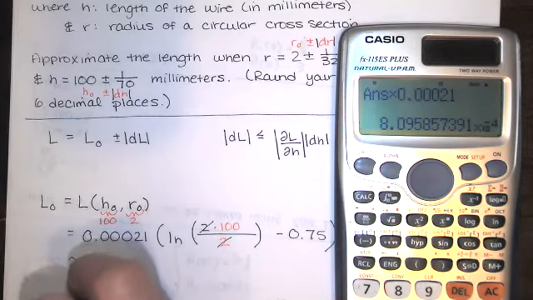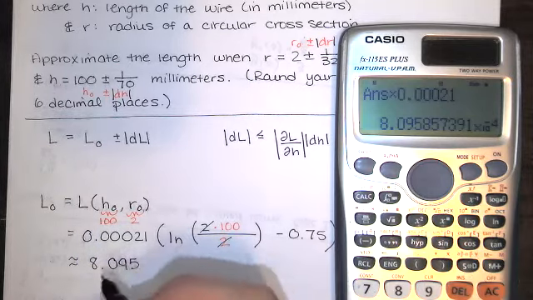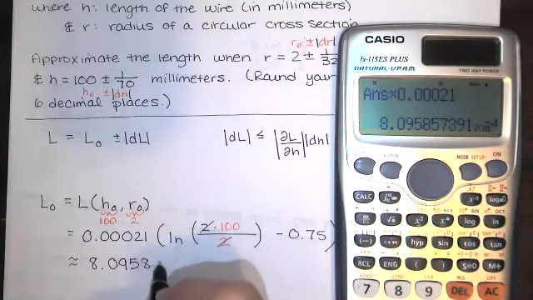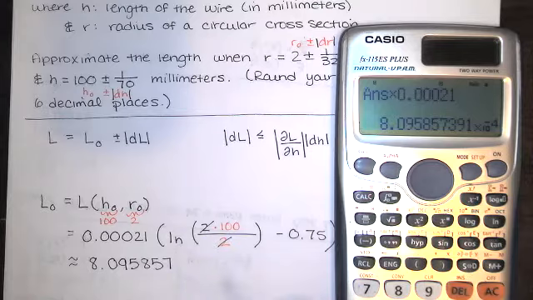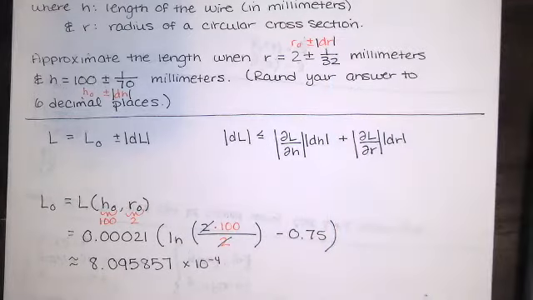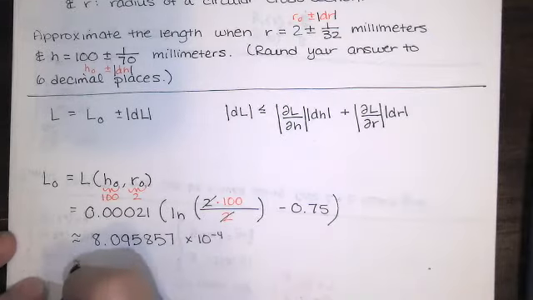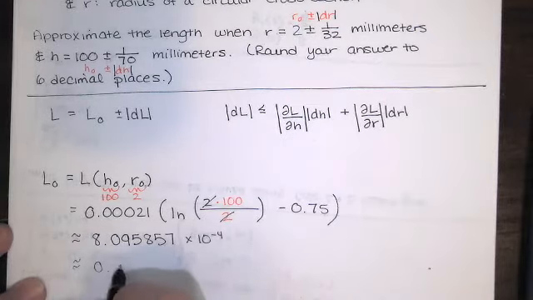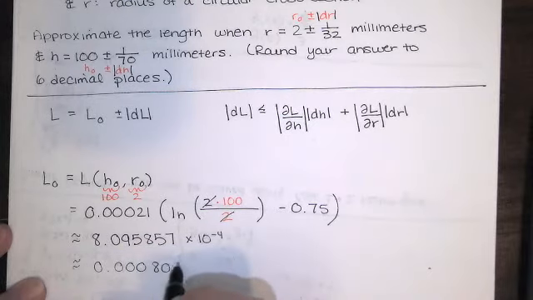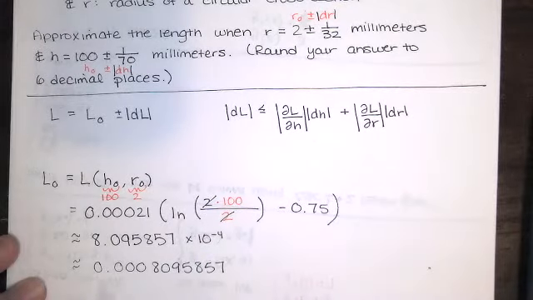So that's approximately 8.0955857 times 10 to the negative 4. And remember what scientific notation means. That means you just want to move that decimal out 4 places that way. So you're going to have 0.00080955857, and we only want 6 decimal places. So I want to take that and round.